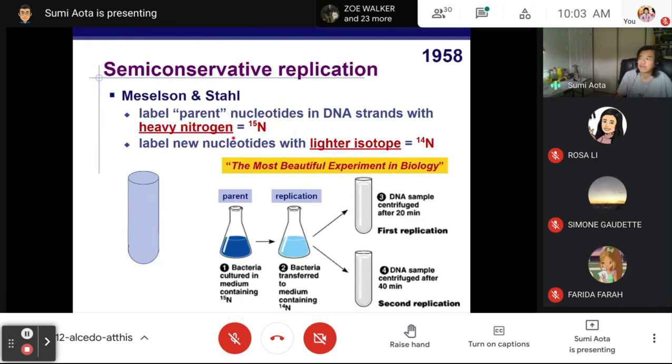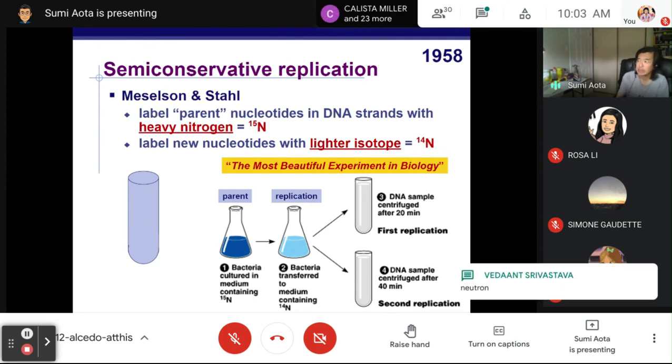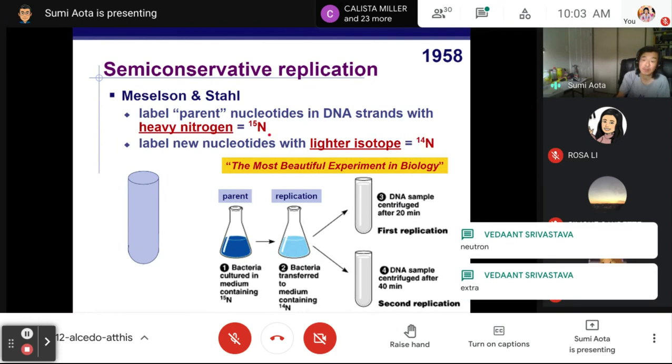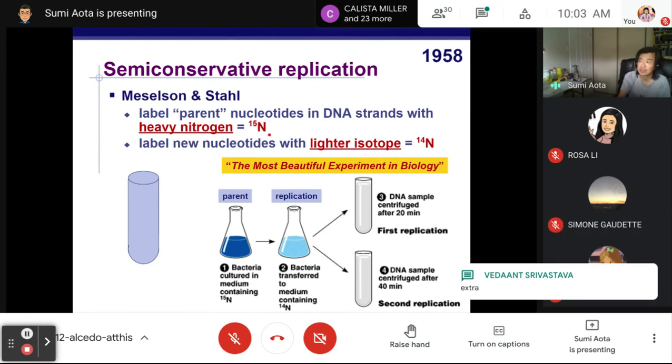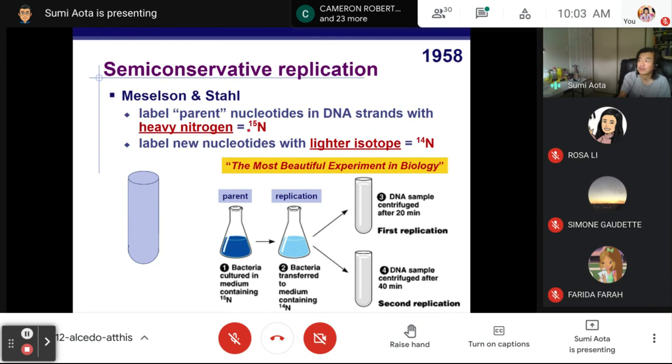So this is nitrogen 15. Normal nitrogen is nitrogen 14. So what's the difference between nitrogen 15 and nitrogen 14? Nitrogen 15 has one more neutron, so its atomic mass is one atomic mass unit heavier, which is why it's nitrogen 15 instead of nitrogen 14.